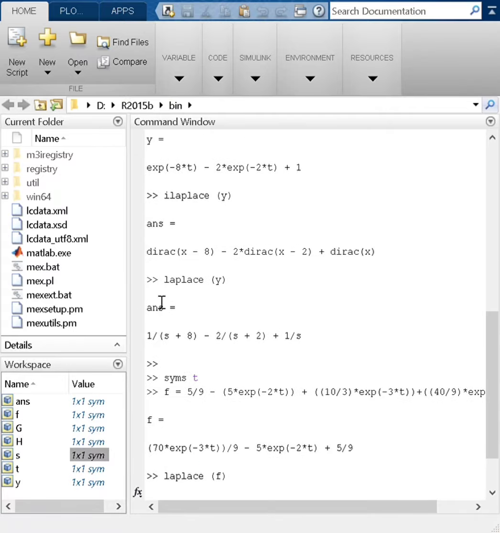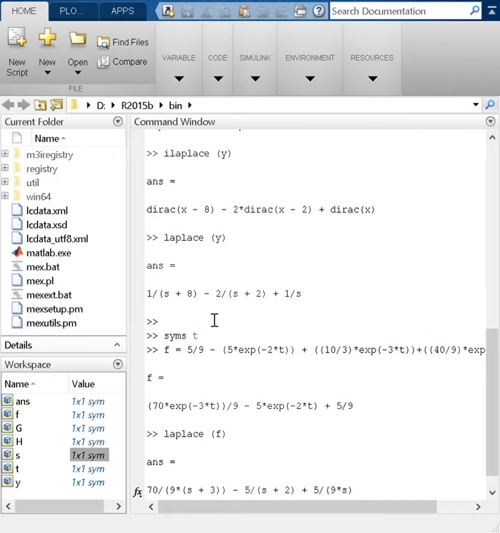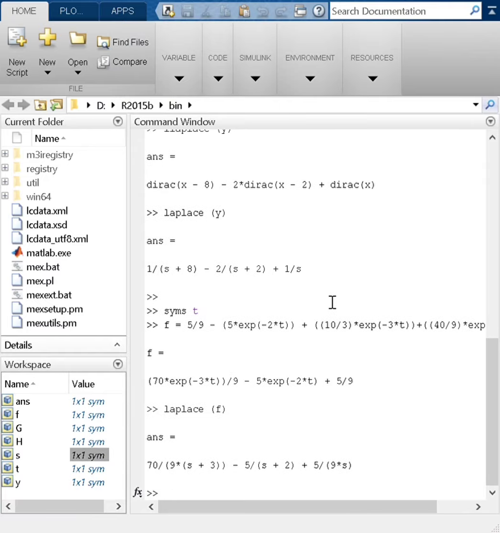And then we straight to Laplace the y, Laplace the equations, and then we get the final answer: 1 over s times s plus 8 minus 2 over s plus 2 plus 1 over s.